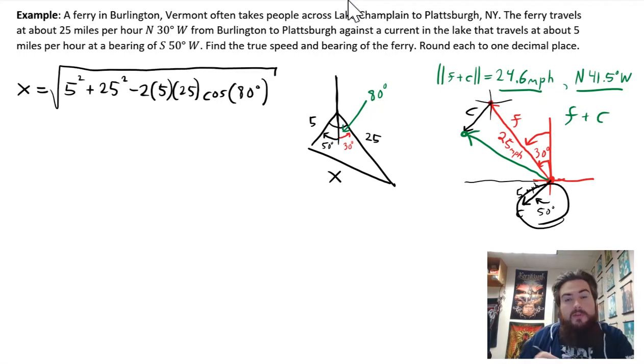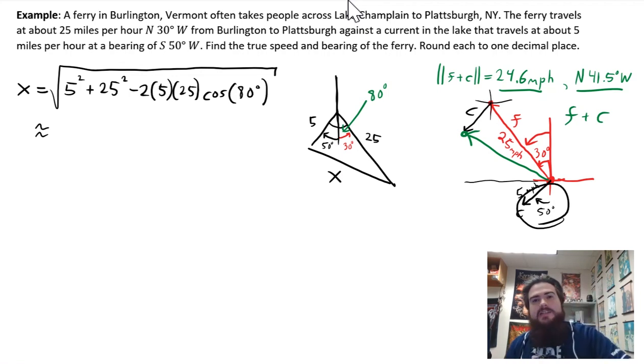The square root of that should help me solve for the value of x. That x, since we have the other values of the side lengths as the magnitudes of the vectors, x here will also be the magnitude of the resultant, or the speed of it.